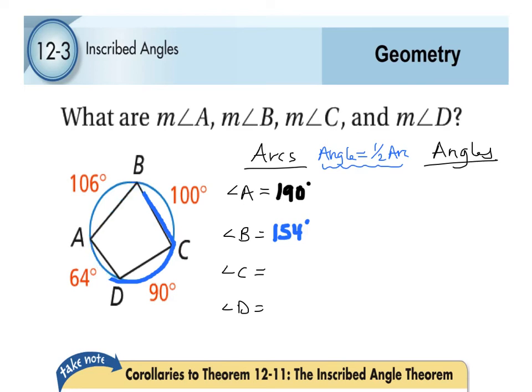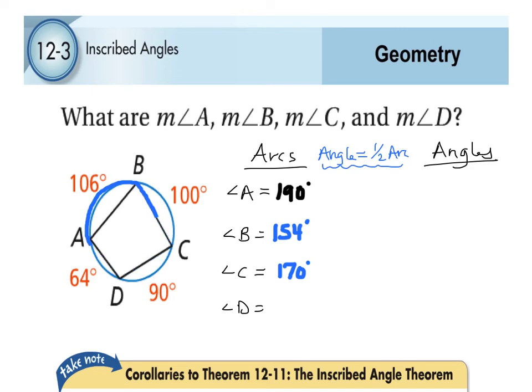Now I'm going to find the arc that goes with angle C. In this case, angle C is right here, and it goes up to here, so I'm going to add these two arcs, 106 and 64, which is 170 degrees.